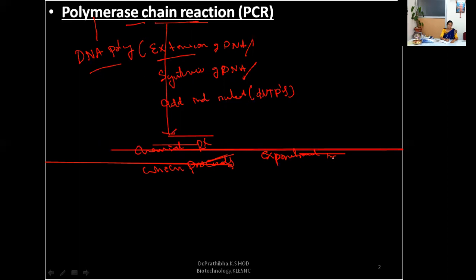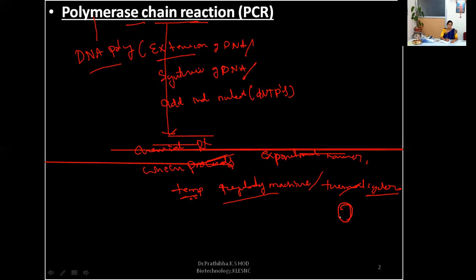This PCR can also be known as a temperature regulating machine or thermal cycler. Why thermal here? In this particular PCR machine, we are going through a series of temperature. It means the sample of the DNA in the PCR machine will be incubated in a series of temperatures in a repeated cycle manner. So we call this the thermal cycler.